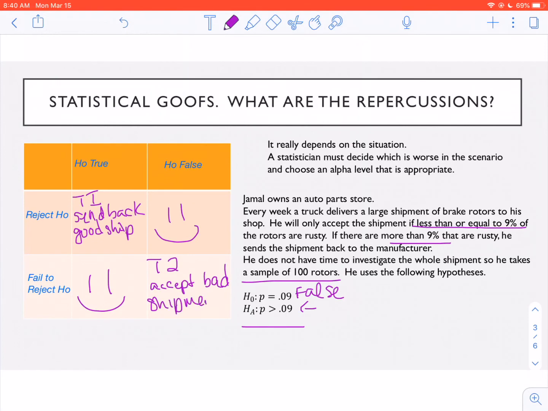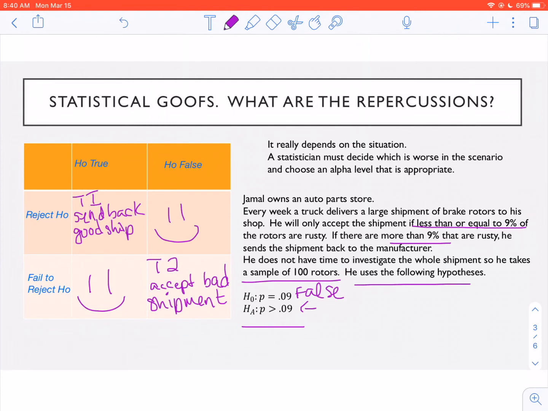What will happen to Jamal's shop? He'll have a bunch of rusty rotors on the shelf, and customers might buy them and blast him on Yelp, or he realizes they're rusty and doesn't have enough product to sell. So you as a statistician have to decide which of those types of errors are worse repercussion-wise and which ones to avoid the most.